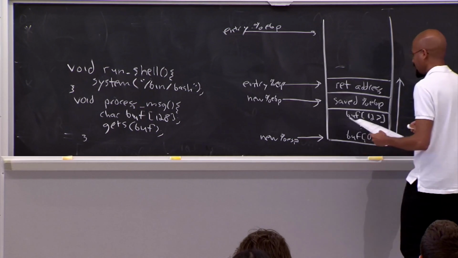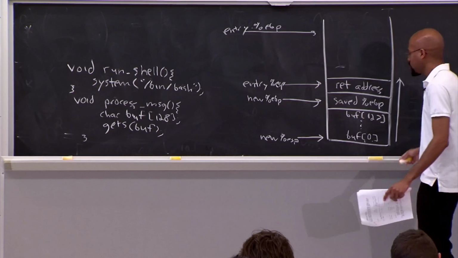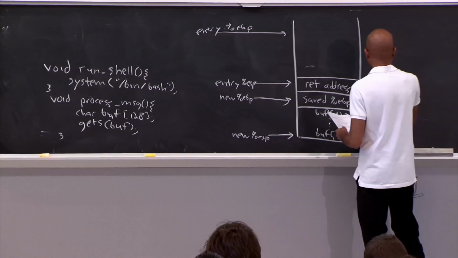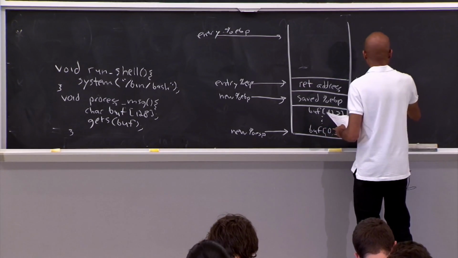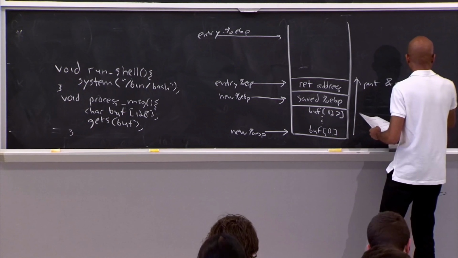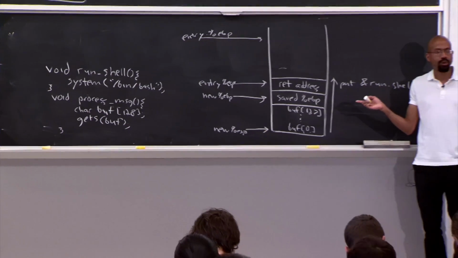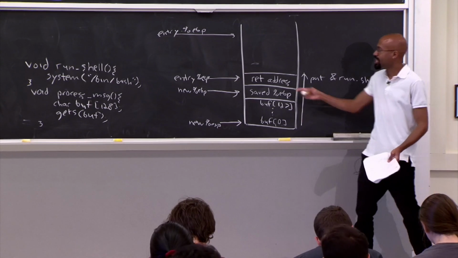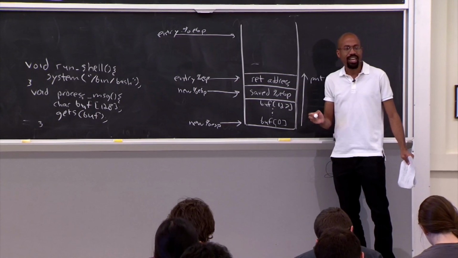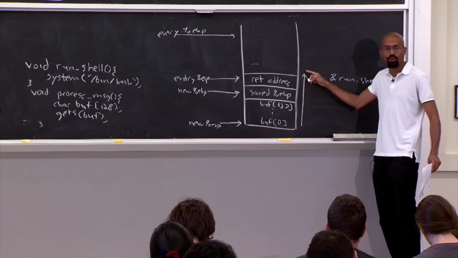So in the attack, like I said, we've used GDB to figure out what the address is of run shell. So in the buffer overflow, we can essentially just put the address of run shell right here. This is actually a pretty straightforward extension of what you already know how to do. If we conveniently have a command that runs a shell, and we can disassemble the binary and figure out where that address is, we can just put that in this overflow array.